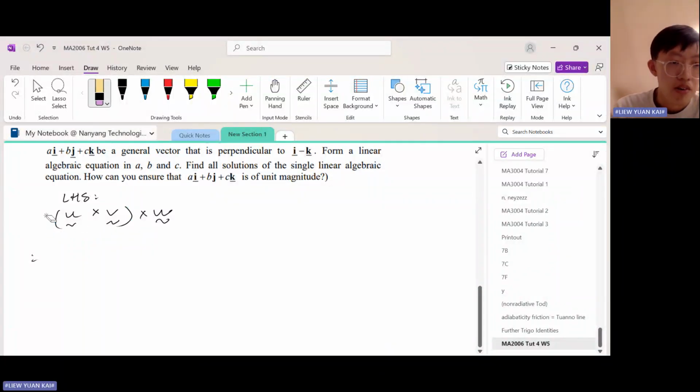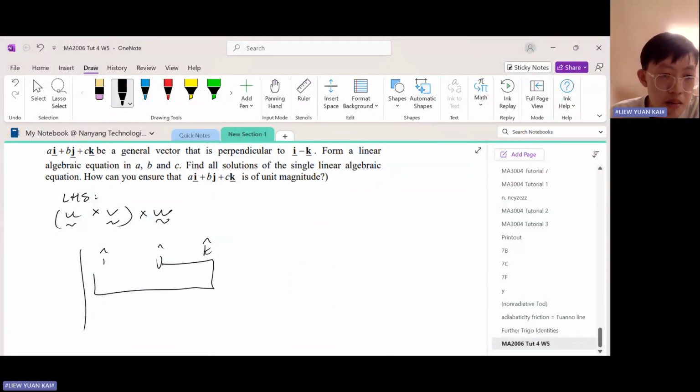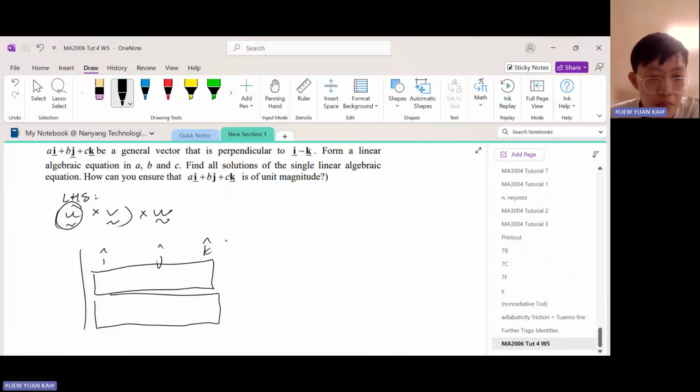To find the cross product of two vectors, what you need to do is find the determinant of this structure. You put i, j, k first, and then the first row contains the components of vector u. The second row contains the components of vector v, in that order.